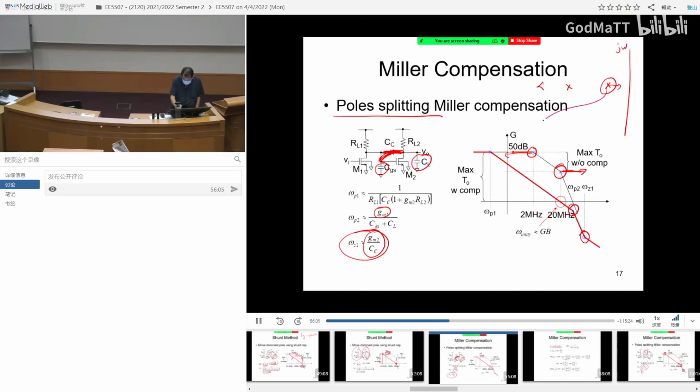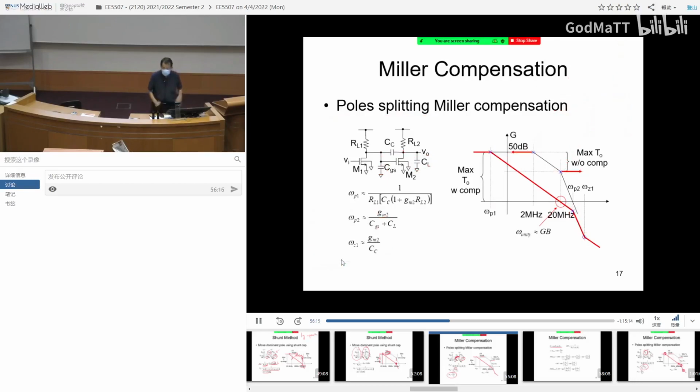So this is referring to the dominant pole. This is referring to the non-dominant pole. Now, the good thing compared to shunt compensation is this. You can see the pole splitting. This one moving over there is making sure the gain drops faster before I reach the phase of 135 degrees.